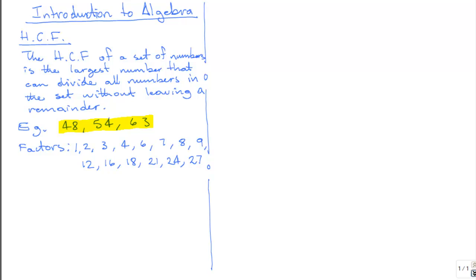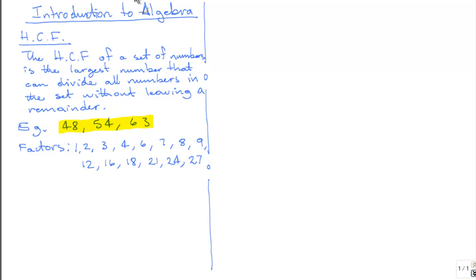The factors written here do not necessarily divide into all three numbers, and therein lies the highest common factor, because it must be able to divide exactly into all three numbers. It must also be the largest number that can divide into all three numbers without leaving a remainder.